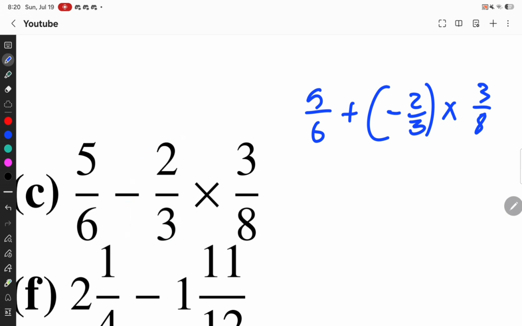Remember, a minus acts as a negation and also as subtraction as well. So you have to be mindful of what it is representing. Here it represents both negation and subtraction.